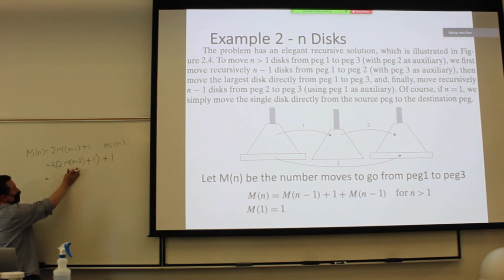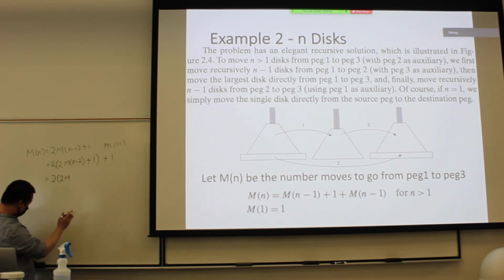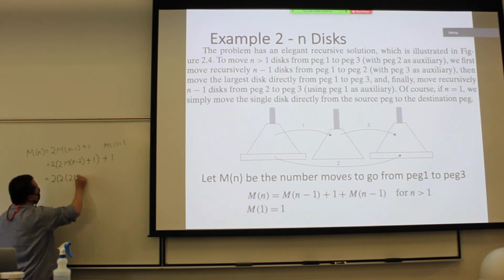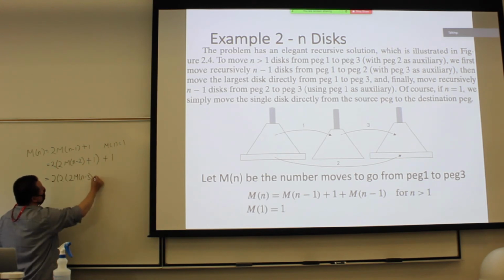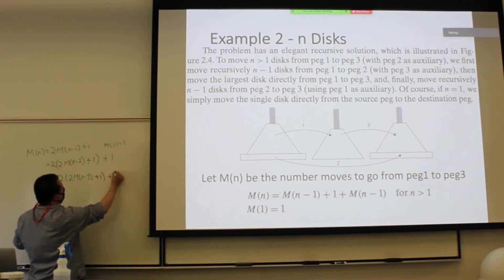So now what happens when we substitute this in again? We have 2 times M of n minus 3, plus 1, plus 1, plus 1.